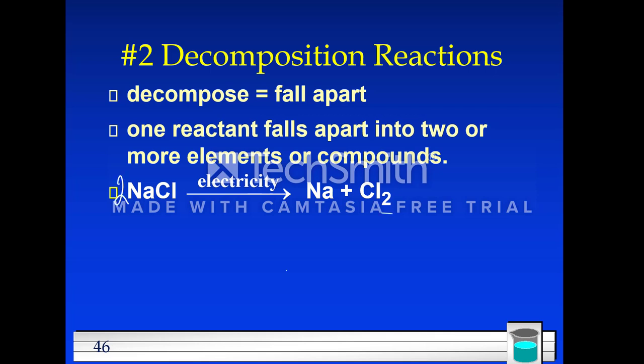To get my 2 Cl's, I've got to put a 2 in front of NaCl, then a 2 in front of Na. But I went through that same process. The name said decompose, fell apart. What could it fall apart into? Na and Cl. Can Na be by itself? Yes. Can Cl be by itself? No. Put the 2, then balance. So we're still figuring out the subscripts. Okay.